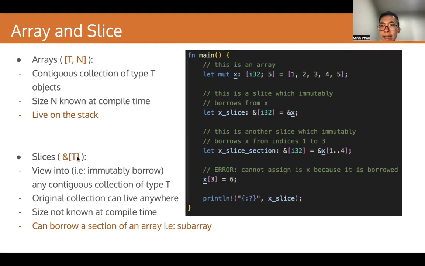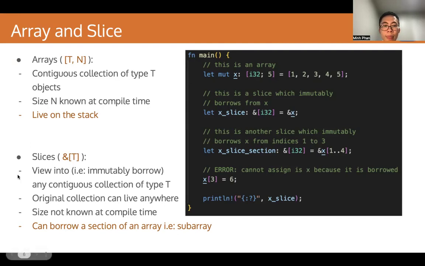We have an array notation containing the type T and an ampersand, signifying that the slice is essentially an immutable borrow. The original collection of type T can live anywhere, can be on the stack, so our array, or it can live on the heap, as we will demonstrate later.